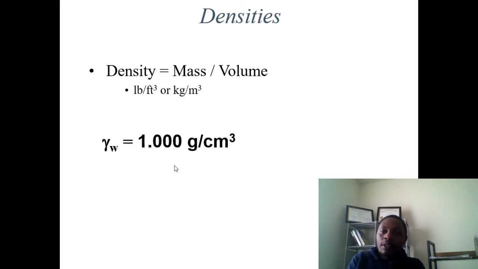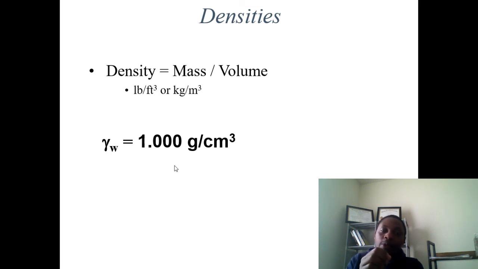The unit density of water is given as 1.00 grams per centimeter cubed, and this is what I gave you as the absolute density in our lab last week, which we converted to about 62.4 pounds per foot cubed.